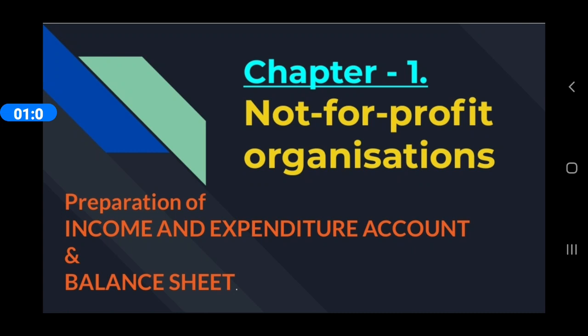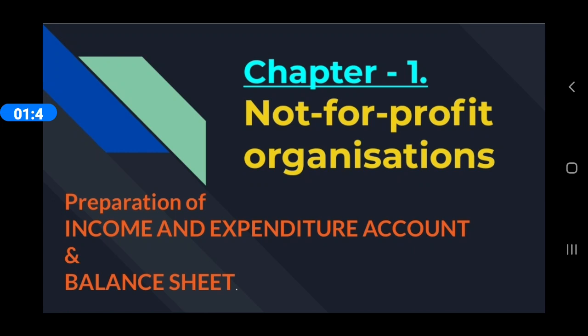Income and expenditure is more or less like a profit and loss account, because expenses and losses are debited and incomes and gains are credited. So it is also a nominal account. Not only the preparation of income and expenditure is enough, but we also have to prepare the balance sheet, which will show the financial position of the club at the end of the year.